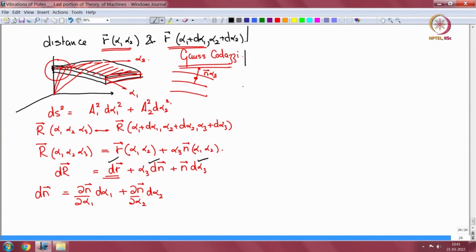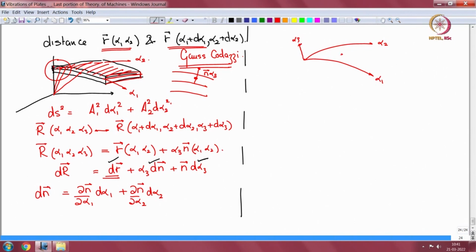Now, I will just clarify one thing pictorially. So, if we say this is my alpha 1 and this is my alpha 2 direction, this is my alpha 3 direction, and let us say I am looking at a point here.